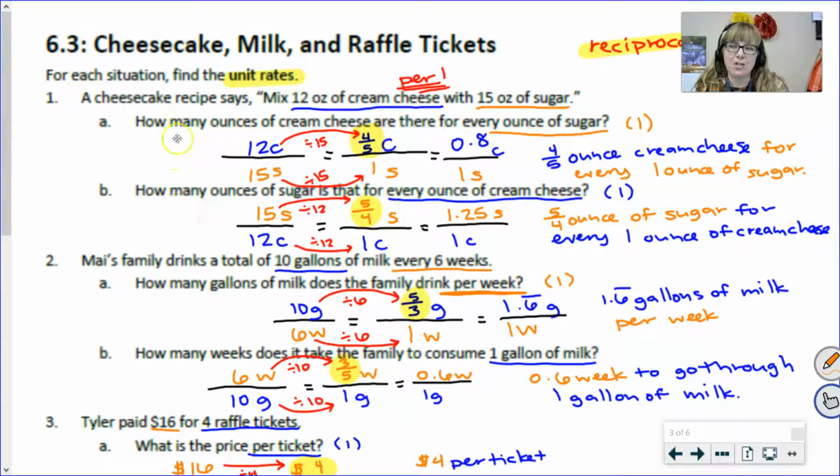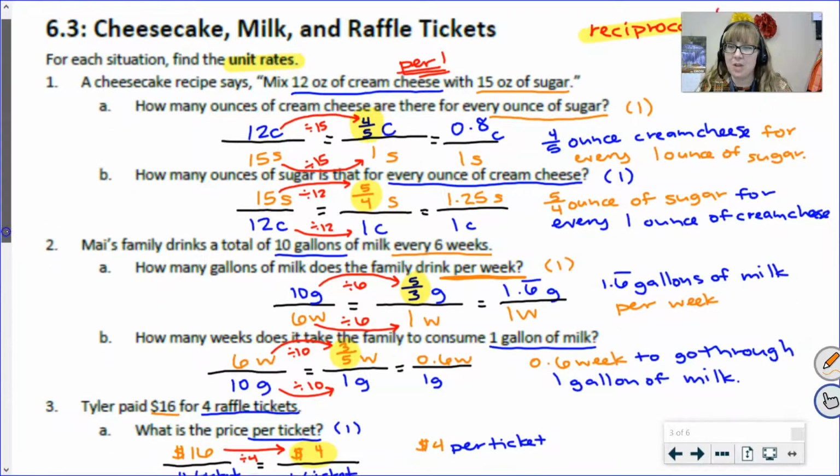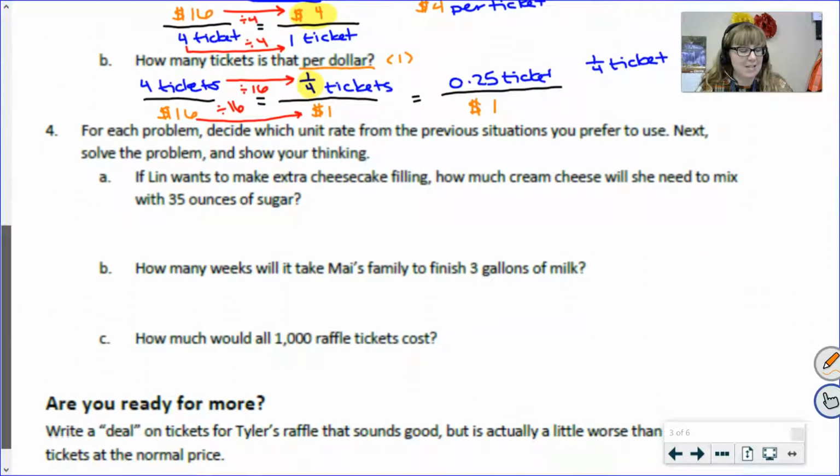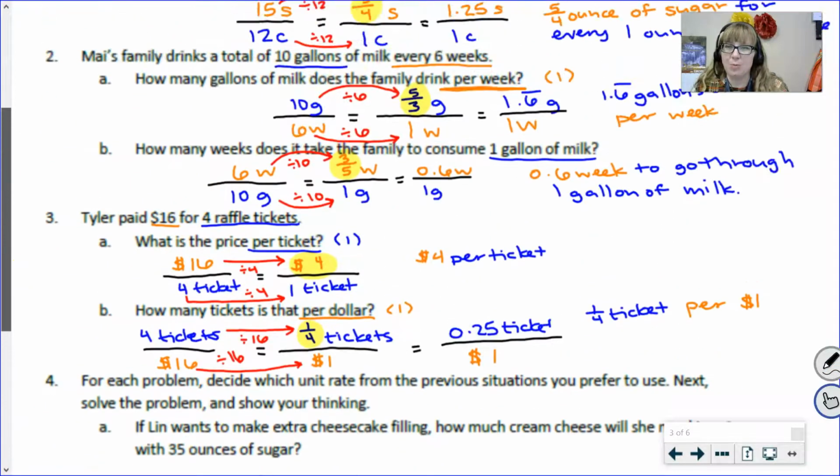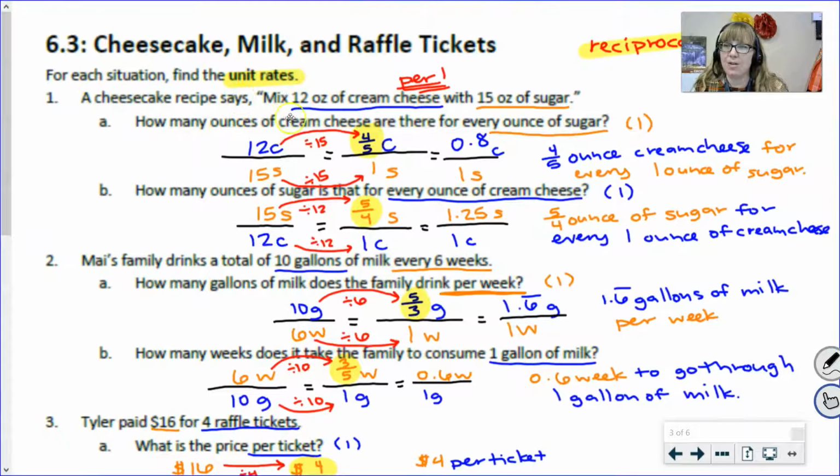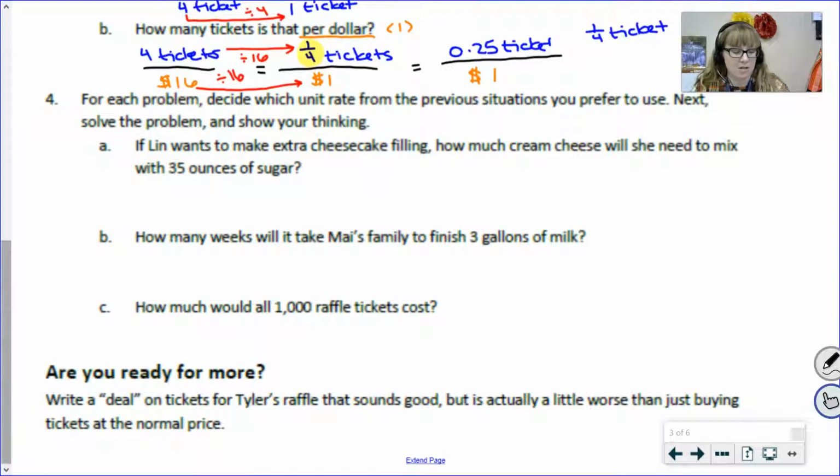Now we did have 2 ratios, right? We had our cream cheese per ounce of sugar, and we had our sugar per ounce of cream cheese. So let's start by writing that original ratio. That original ratio was 12 ounces of cream cheese and 15 ounces of sugar.